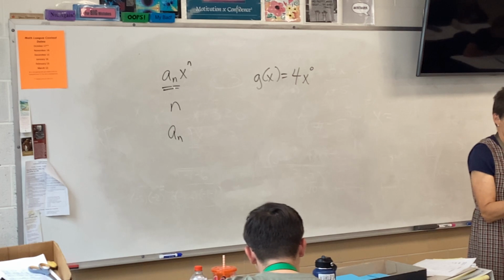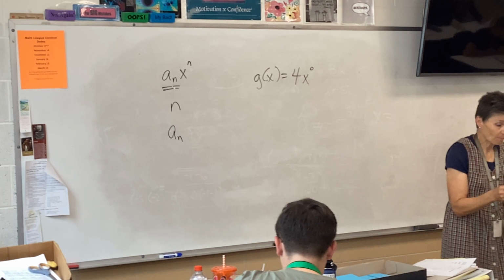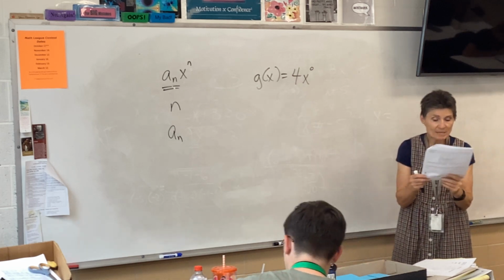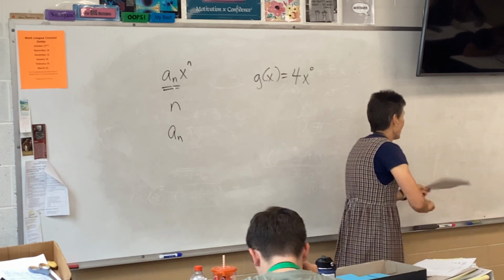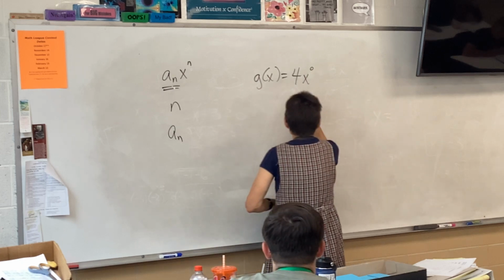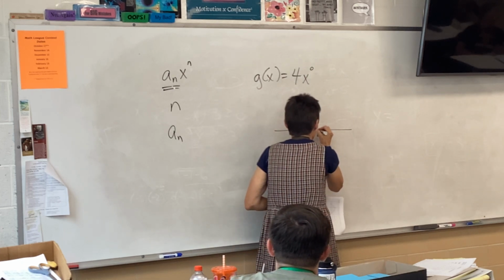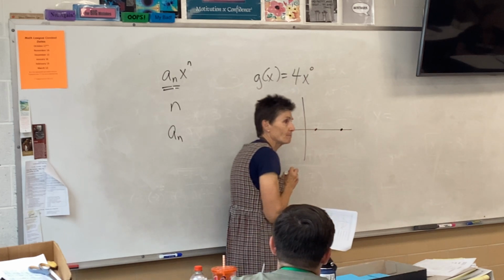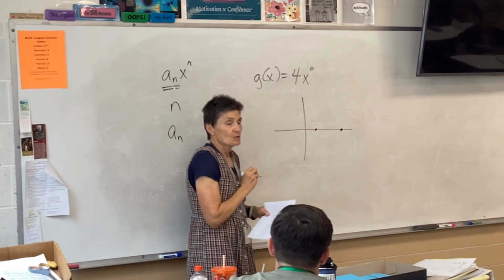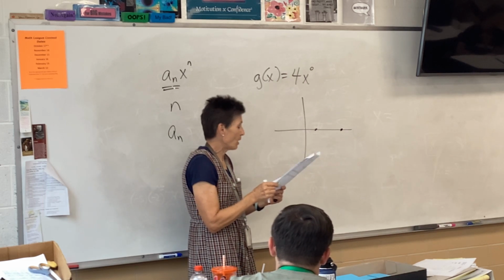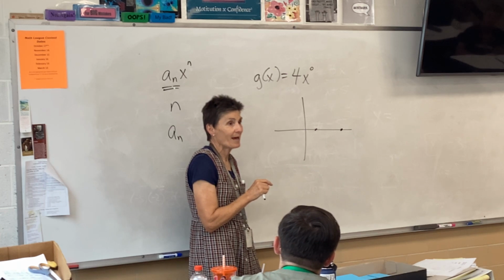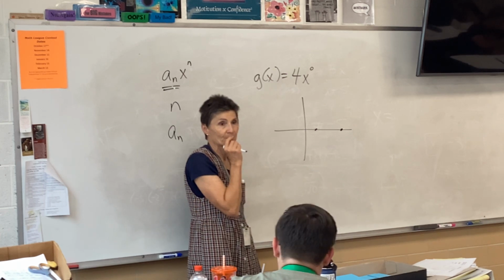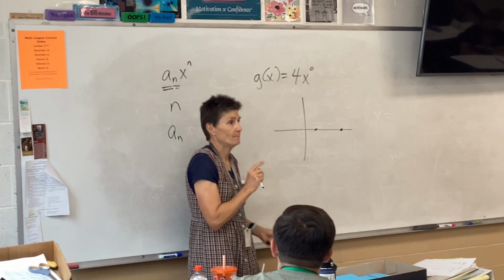Everybody good with that? All right, fun facts about polynomials. Between 2 real zeros of a polynomial. Now, I want you to remember, real zeros are like x-intercepts. So between 2 real zeros of a polynomial, there must be at least what? At least one what?